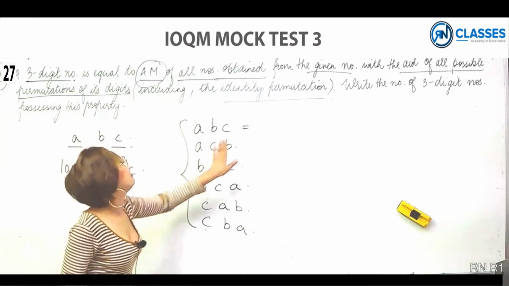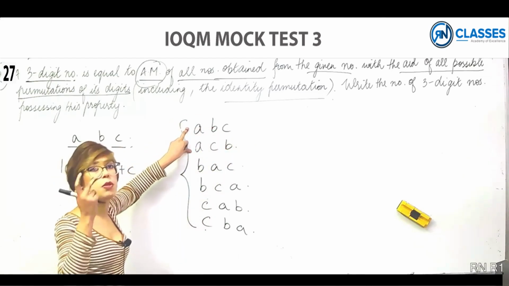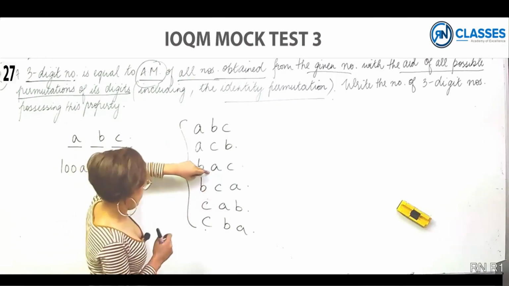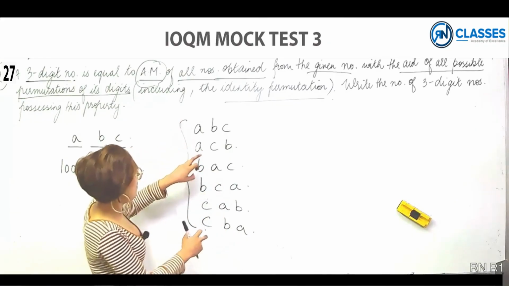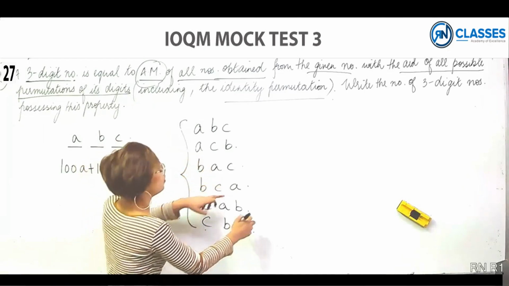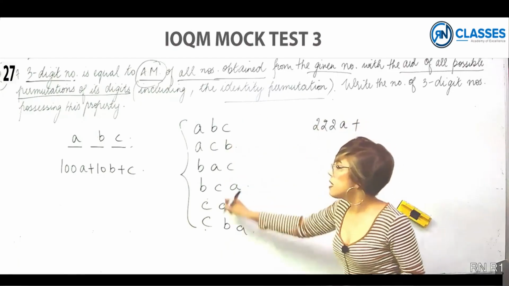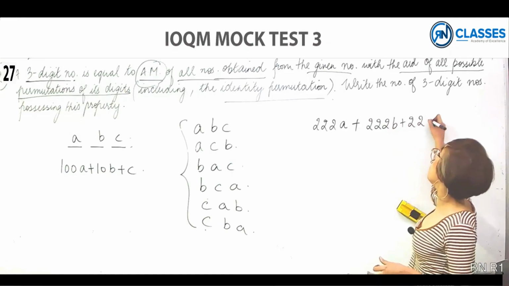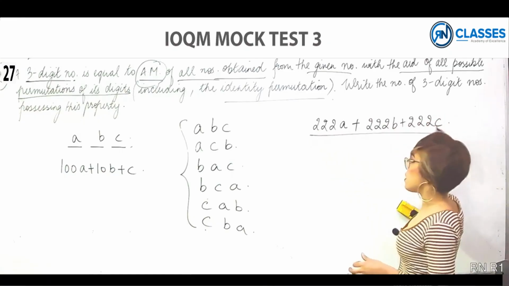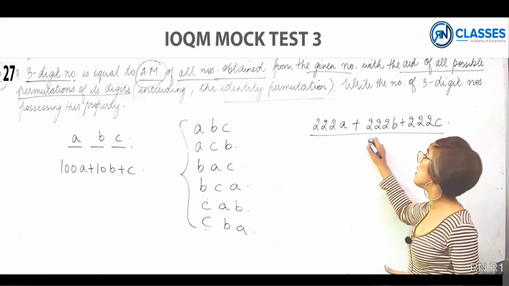Now add the numbers. You know that A appears in the 100s place twice, in the 10s place twice and in the unit place twice. So 200 plus 20 plus 2, that is 222A, plus the same 222 with B, plus 222 with C. The whole is divided by 6, because I've added all the numbers and I want the arithmetic mean, so I divide by the number of permutations, that is 6.